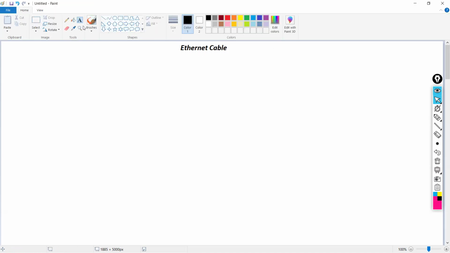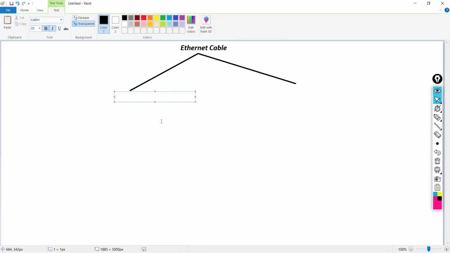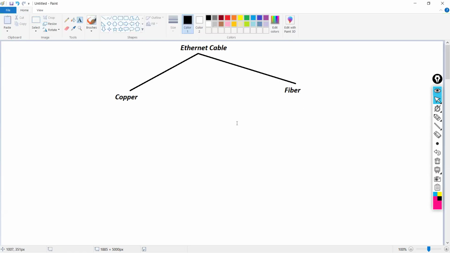See, major two categories. What are those? Copper and fiber. Major two categories. Then in your copper, you have further two categories.